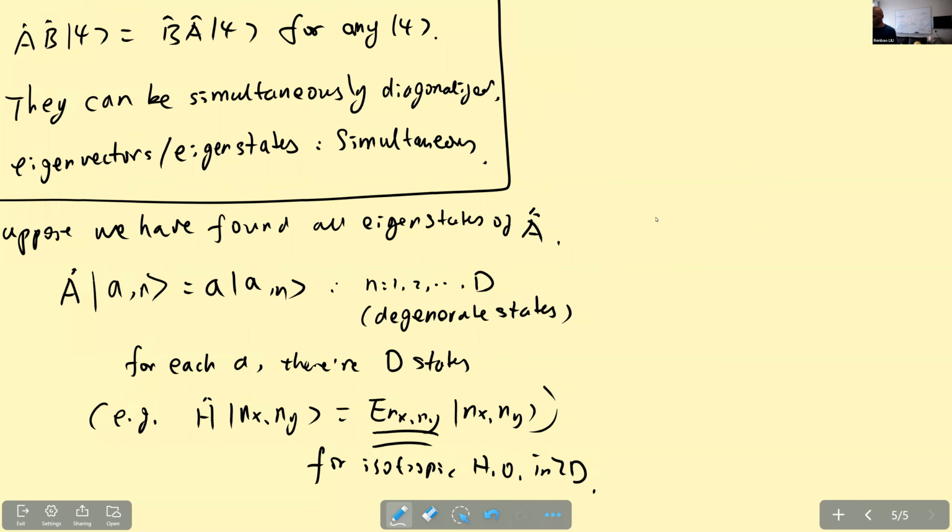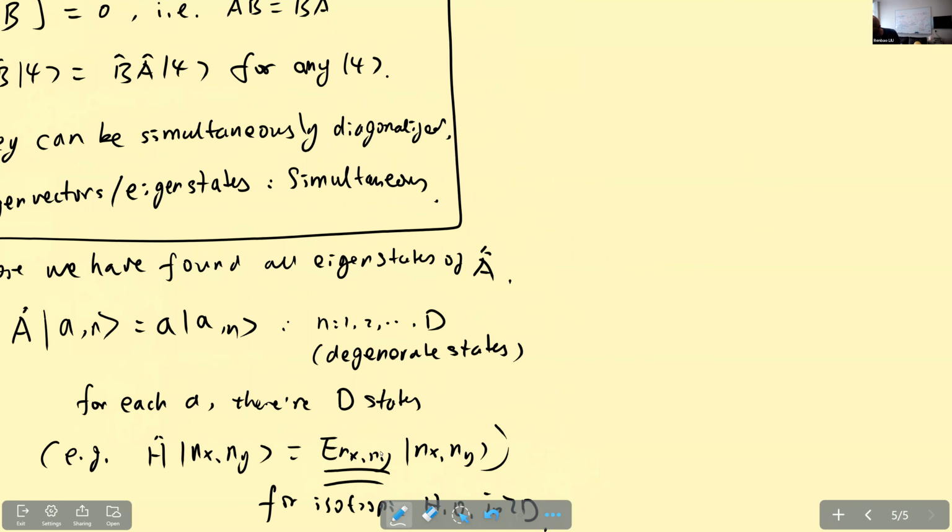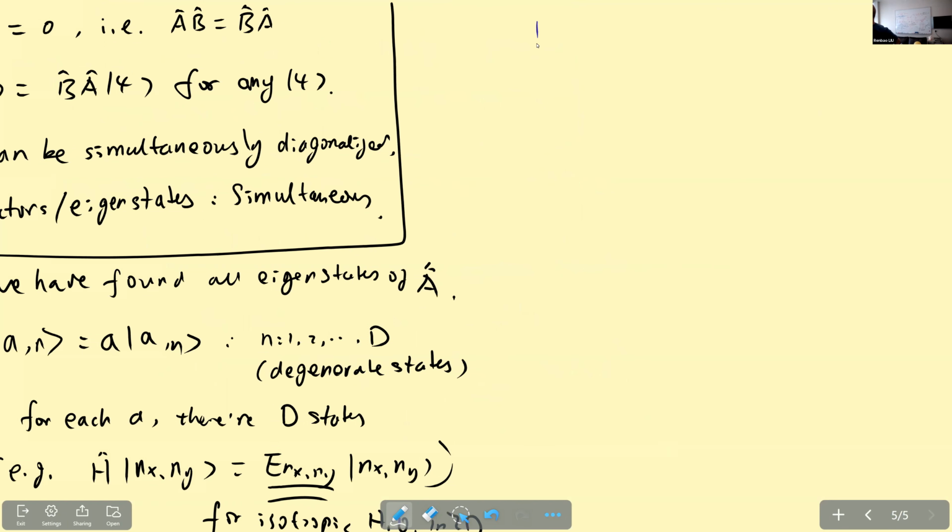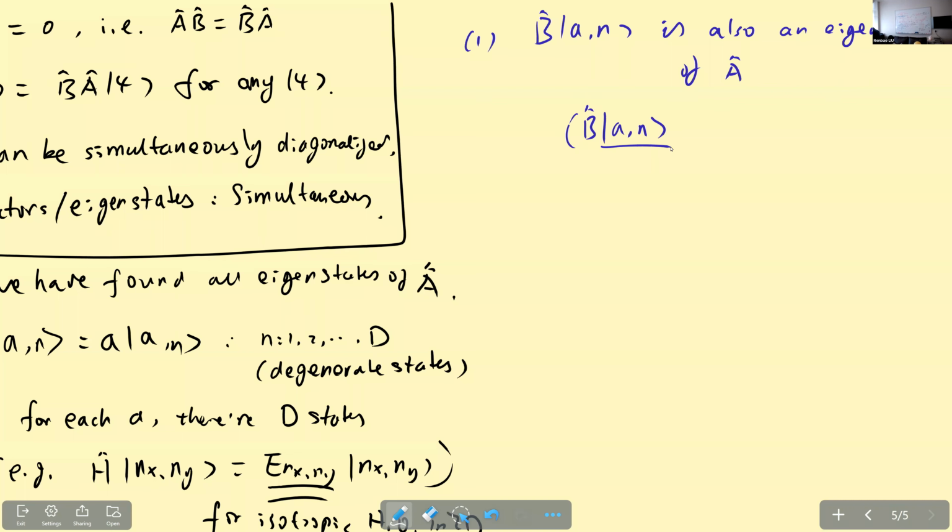But now you can see that the first thing we found is that B|a,m⟩ is also an eigenstate of A. That's the first thing that we want to prove. That's very easy, actually. We take this as a state. This is a ket state, and this is the operator.